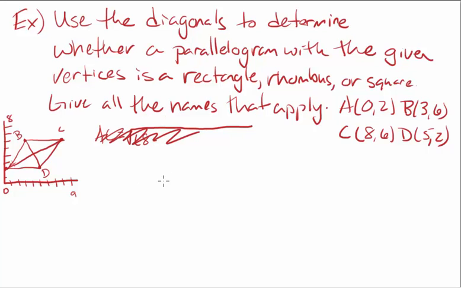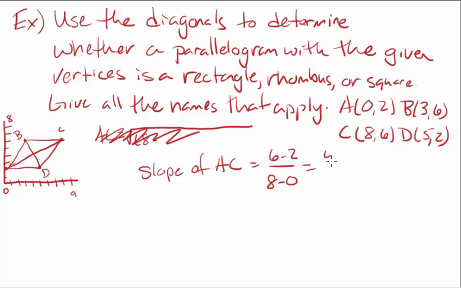We're going to take the slope of AC, and we do rise over run. The slope of AC equals (6 minus 2) over (8 minus 0), which is y2 minus y1 over x2 minus x1.